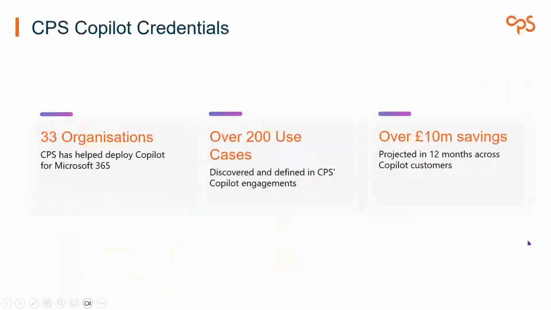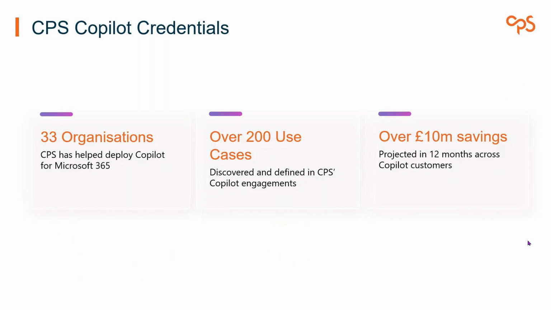And just to show you in terms of our credentials, we have helped 33 organisations deploy Copilot for Microsoft 365. That number is also growing. So there are a few more organizations that we've added to that list, but we have a huge amount of experience with different types of organizations, different sizes, organizations who have 15 Copilot licenses, organizations who have 2,000 Copilot licenses, and everything in between.